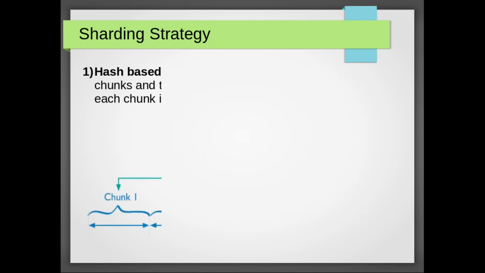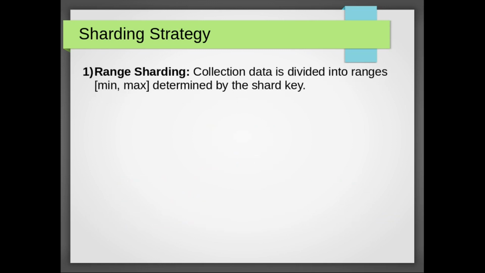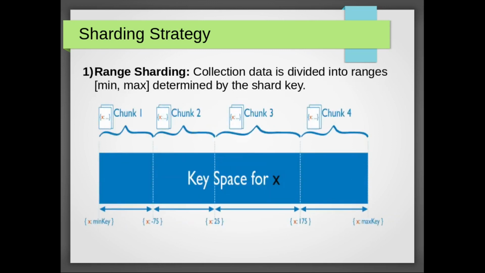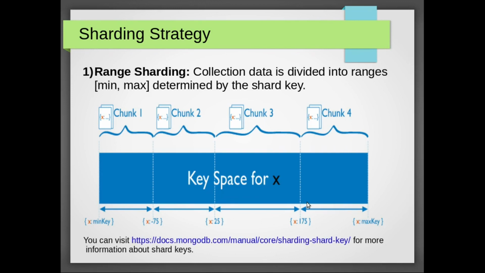And the second strategy is range sharding, where the collection is divided into ranges, min and max, determined by the shard key. When you have to partition the data on the basis of salary, age, population, or any set of ranges, in that case you can use range sharding. And for more information about shard keys, you can visit the below URL.